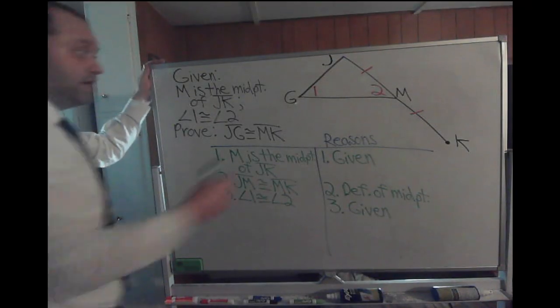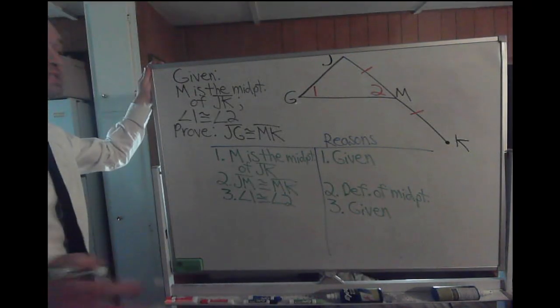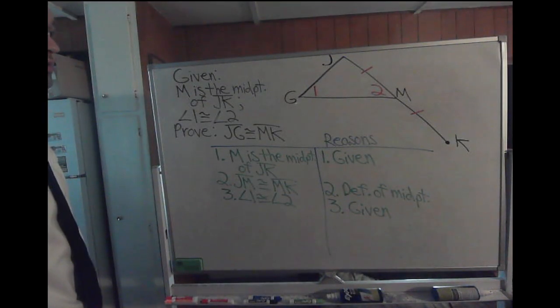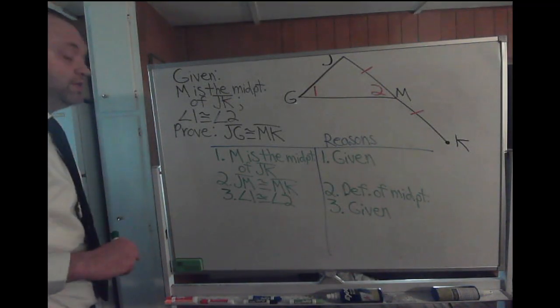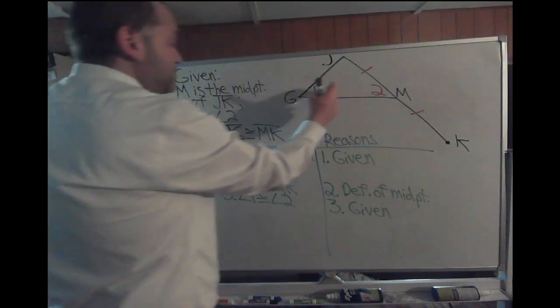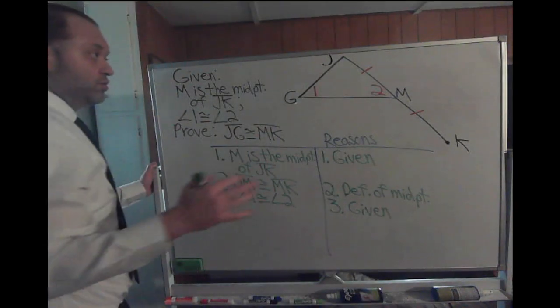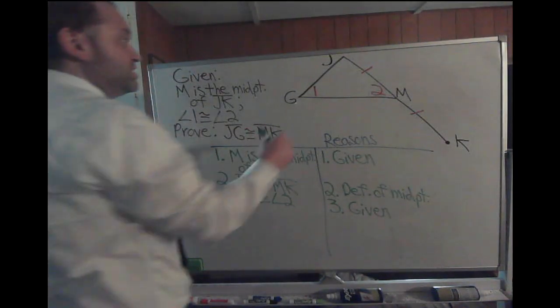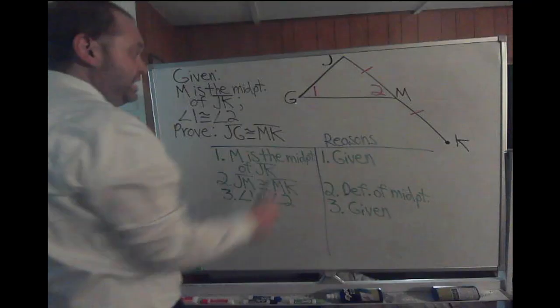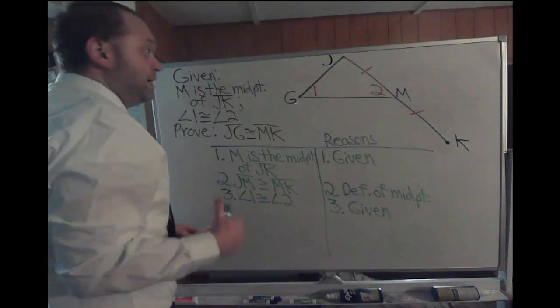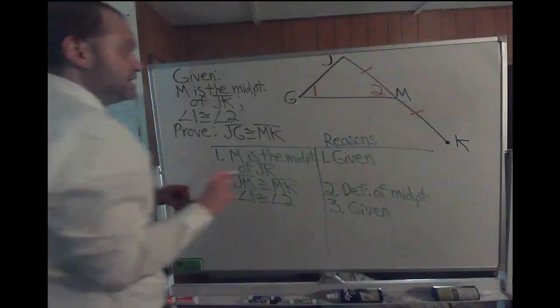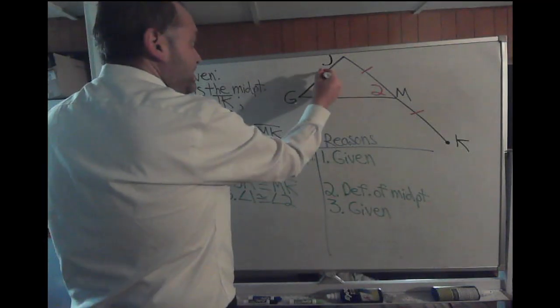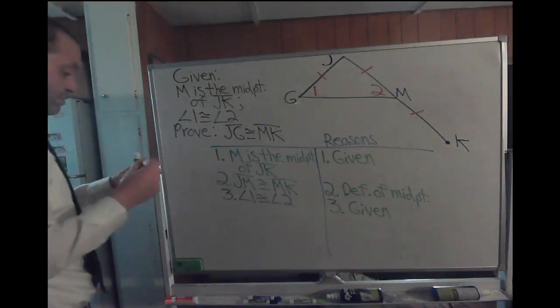Since we have two angles of the triangle congruent, that makes this an isosceles triangle. Well, by the isosceles triangle theorem, that means that the sides opposite the two congruent angles are congruent. So opposite side 1 you have JM, and if angle 1 and angle 2 are congruent, that means that JG is going to have to be congruent to JM.